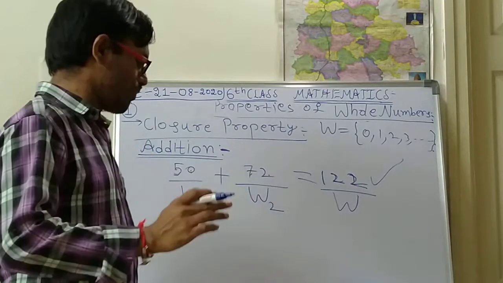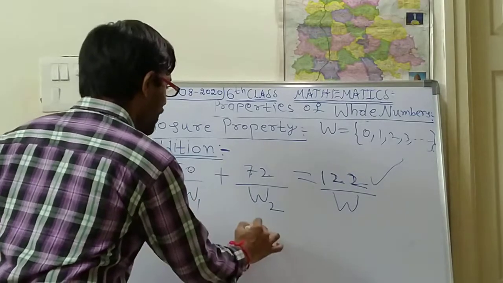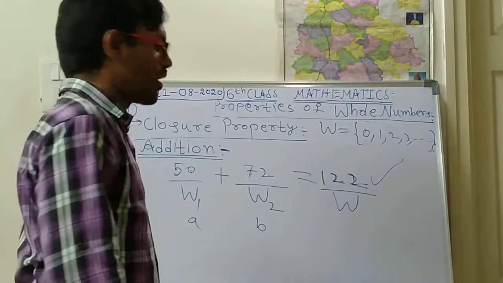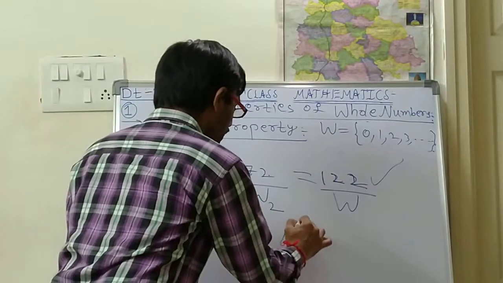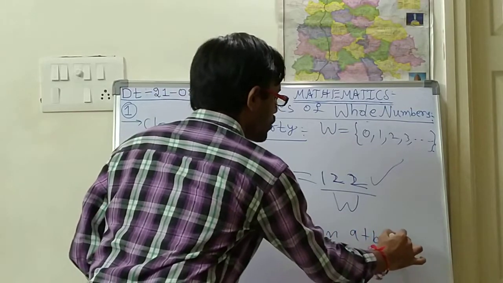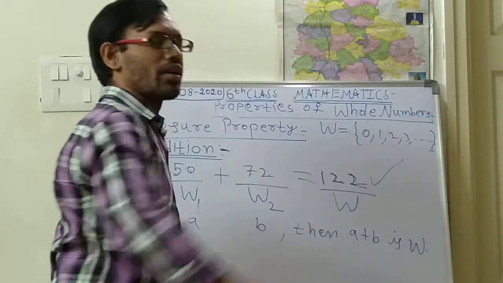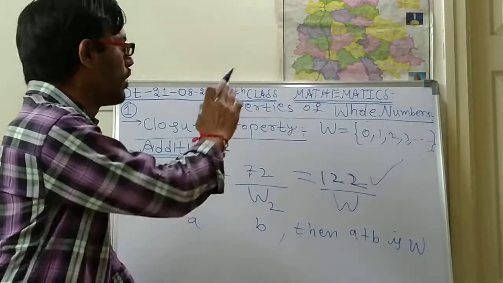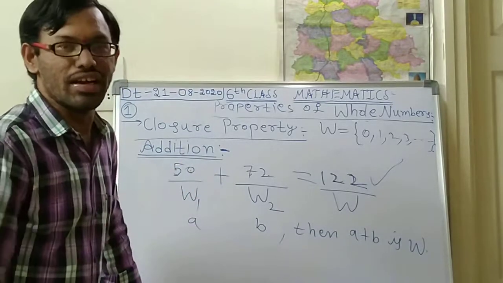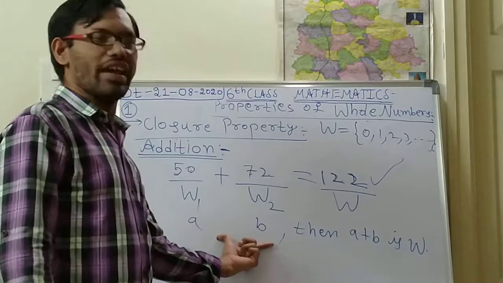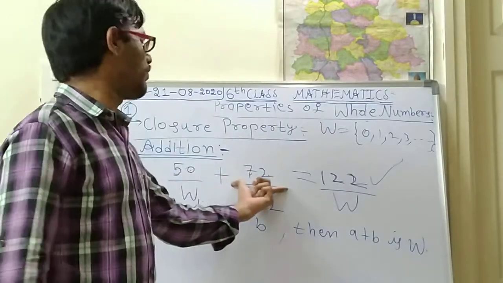That means if A and B are any two whole numbers, then A plus B is also a whole number. So this is the closure property of whole numbers under addition.